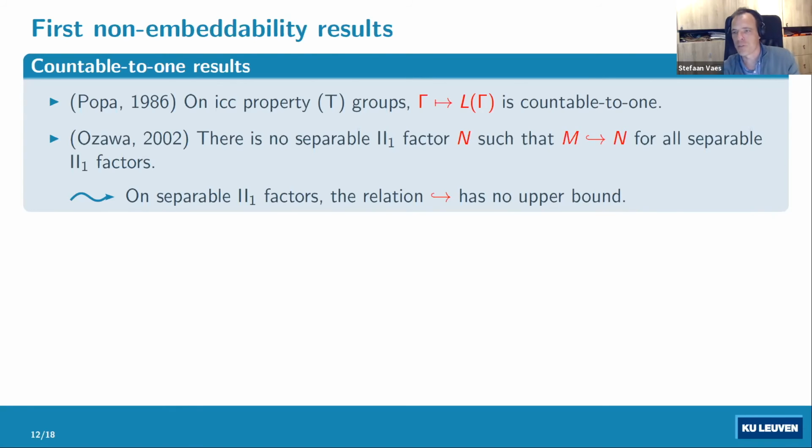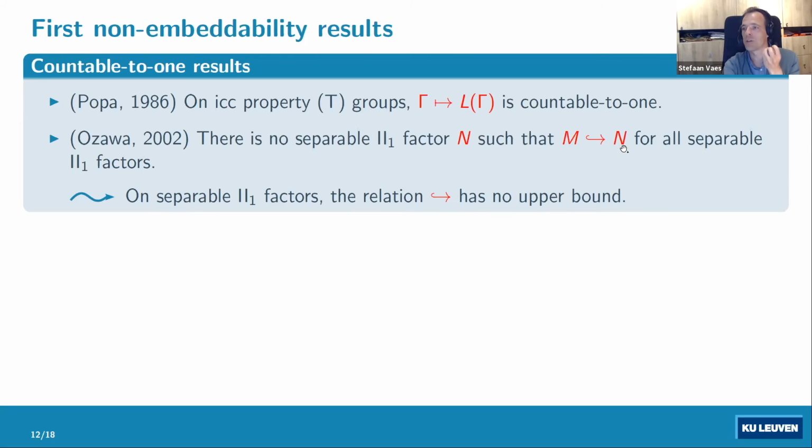So let me first still add a few open questions and related things. Here is a nice one. Let me focus on the one of Ozawa. Another way to say how many II_1 factors there are is that there is no universal one. So there is no separable II_1 factor that is large enough to accommodate all II_1 factors as a subfactor.